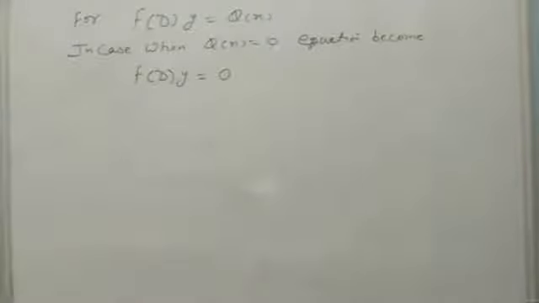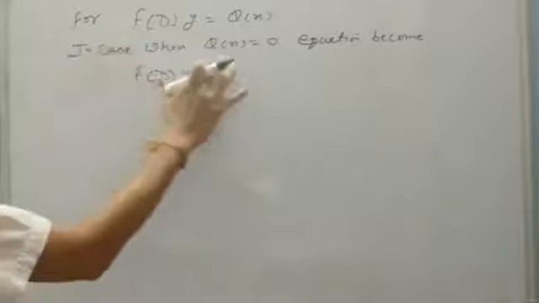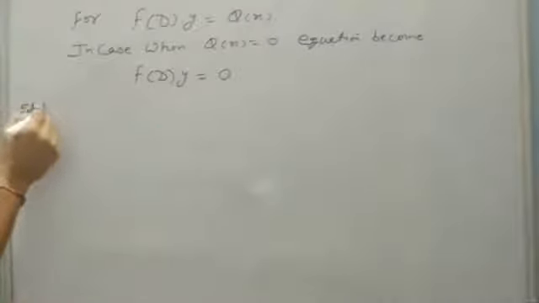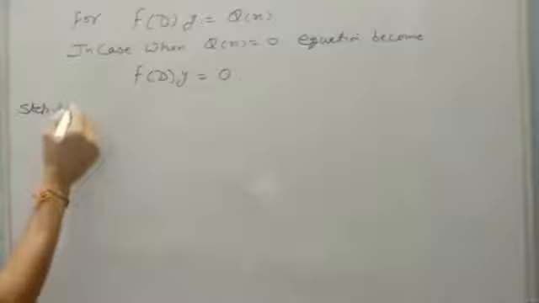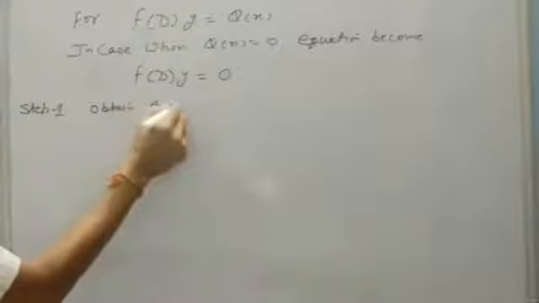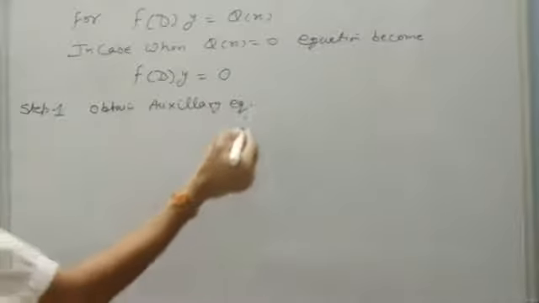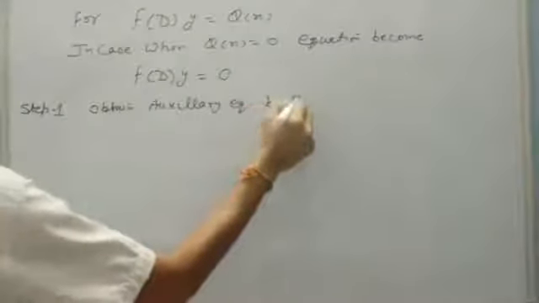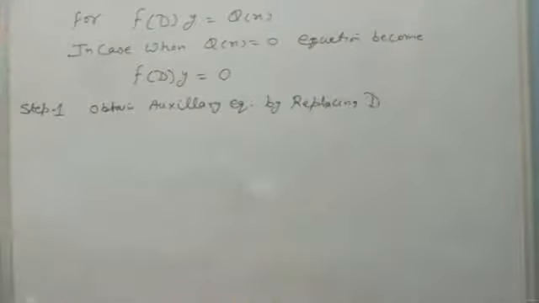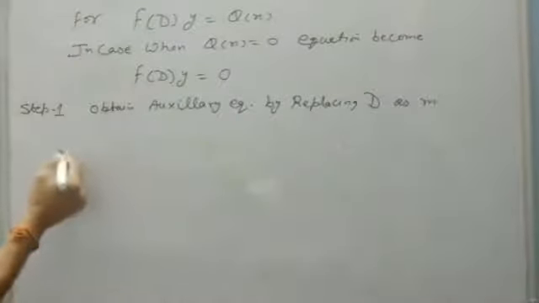So here we go further ahead. For the solution of f(D) y equals Q(x), in the case when Q(x) equals 0, the equation will become like this. Then step number 1 is to obtain the auxiliary equation by replacing D with m in f(D).